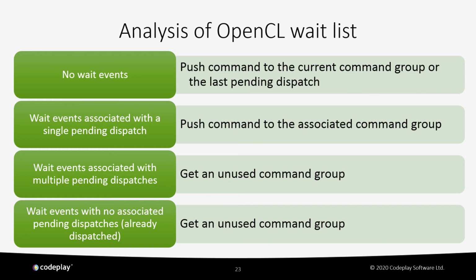But the important point is that we're doing this analysis in the generic CL code so that all our devices can benefit from this batching of commands, and they can all take that large command group and dispatch it on the queue as efficiently as possible for their hardware, for OpenCL, which wouldn't expose this in the standard.